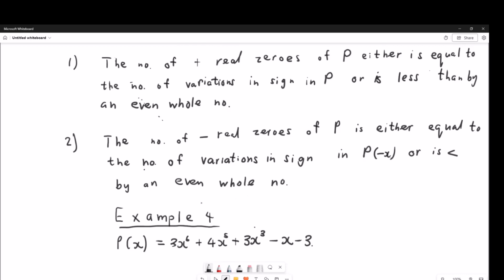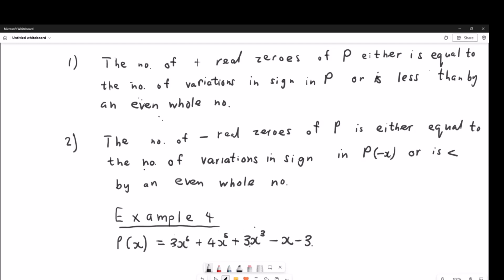If you look at the positive part, if you look at P of x only, what do you see there in terms of variation in sign, guys? You see all these ones are positive. 3 is positive. 4 is positive.